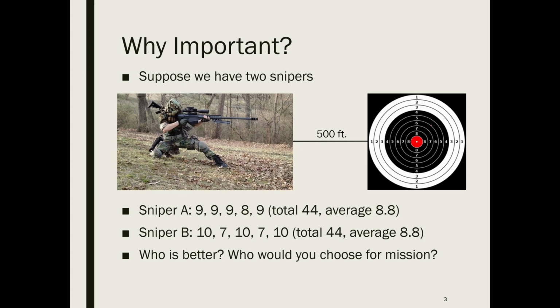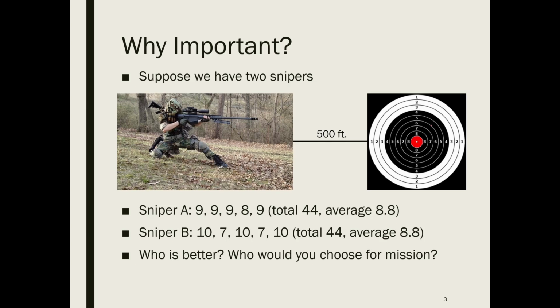So you can see from a broad picture, they have the same total and they have the same average. So a common person, or normally people, would pick the first one, sniper A, for the mission, because he seems to be more stable in shooting, right?